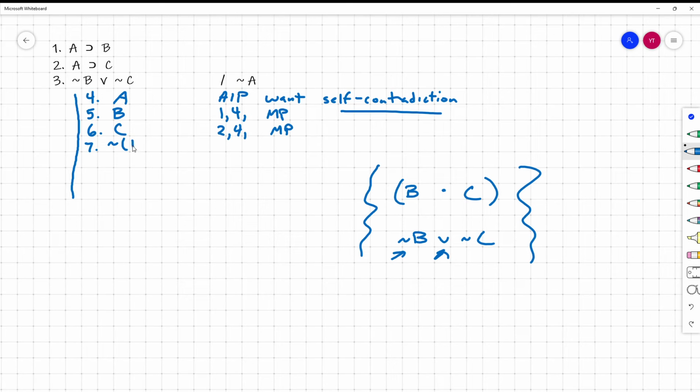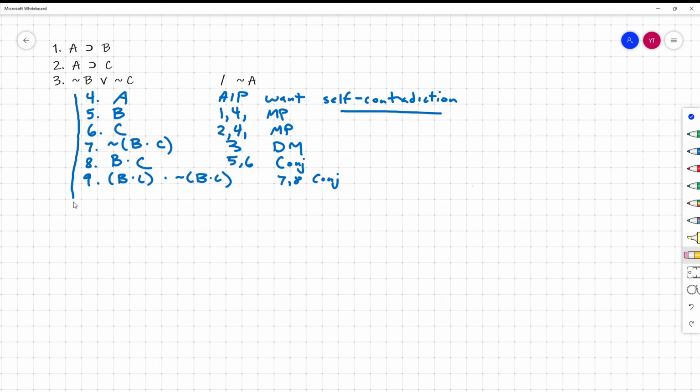So if we De Morgan'd line 3, and conjed lines 5 and 6, then we'd have our self-contradiction in lines 7 and 8, conj.